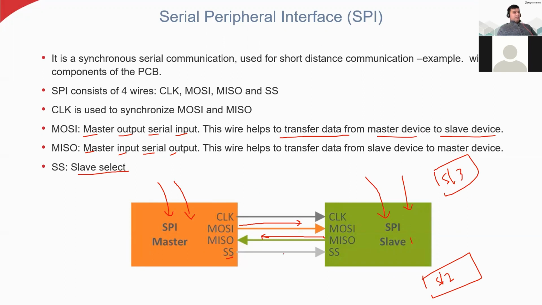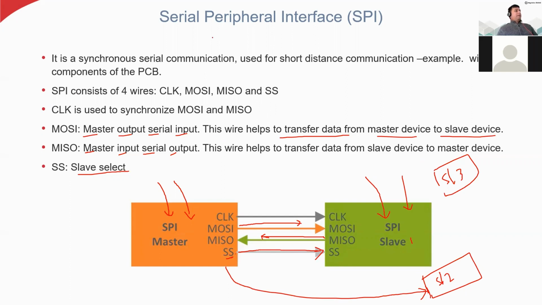So here, for example, slave 1, this one is active low. It means this master wants to communicate with this slave 1. If this master wants to communicate with slave 2, then the corresponding SS signal will be active low. Then it means the master wants to communicate with slave 2, and then the data transfer will occur.